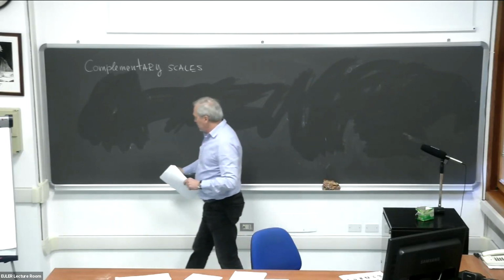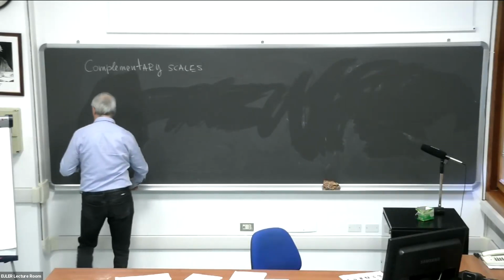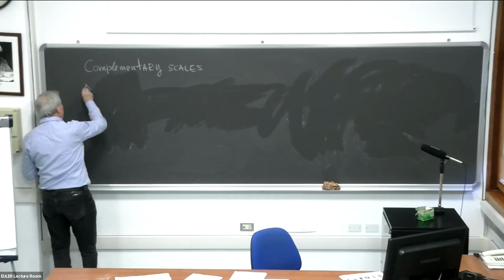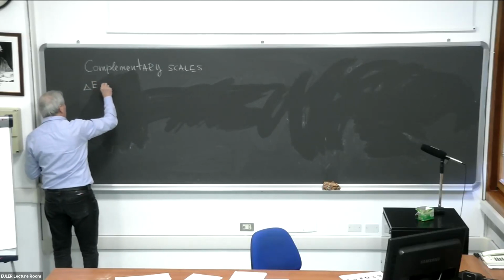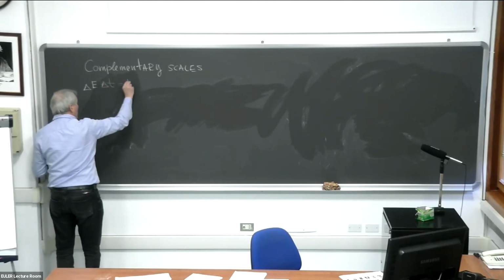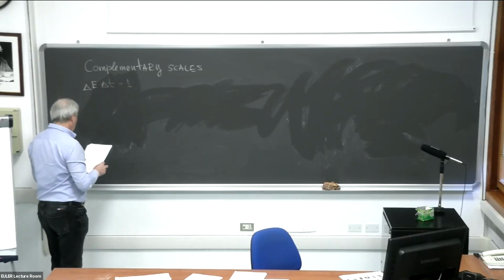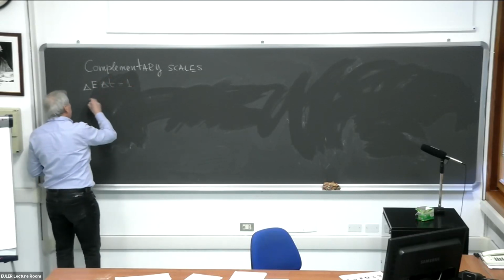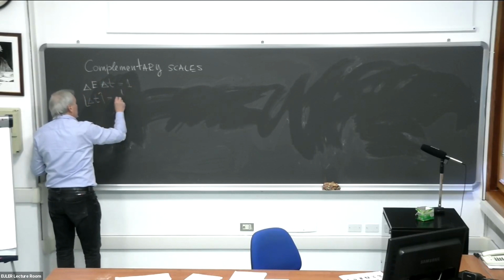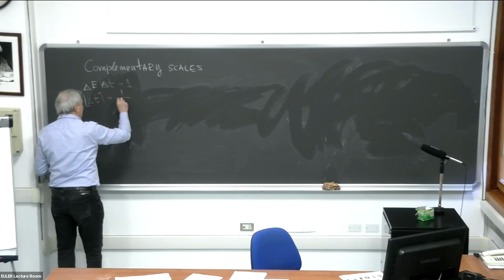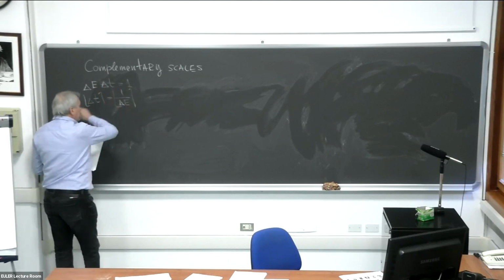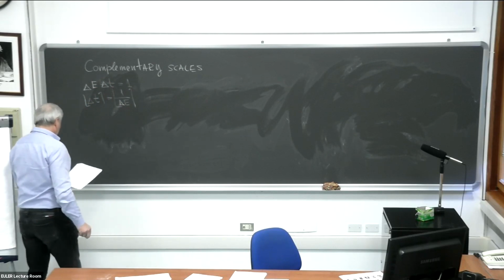And again, we can use the uncertainty relation, which is now delta E times delta T is 1 in our units, which means that we can measure time in inverse energy units. Or we can put here without delta.